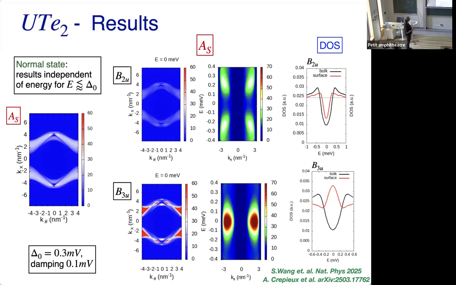So you see the spectral function for the normal state. It's just one energy, because for the normal state, we don't have a gap. So if we don't have a gap, for energies which are very small, my band doesn't depend on energy. So I don't care at what energy I'm plotting, because my physics is basically independent of energy. So I'm taking one energy, and then I'm plotting the spectral function.